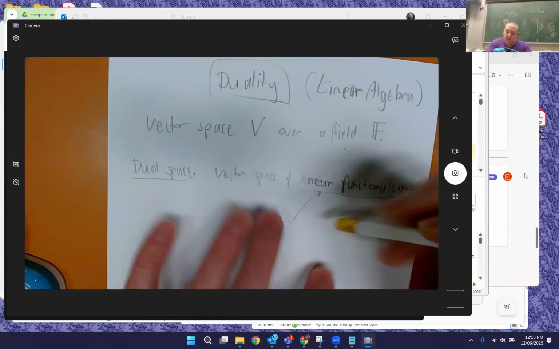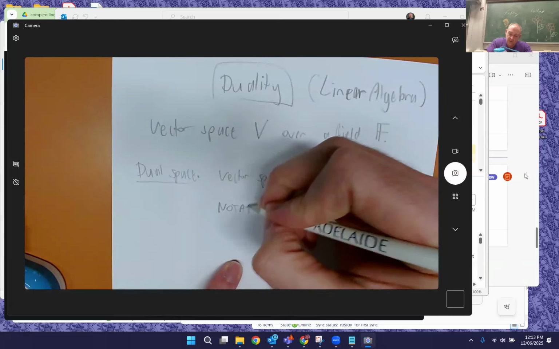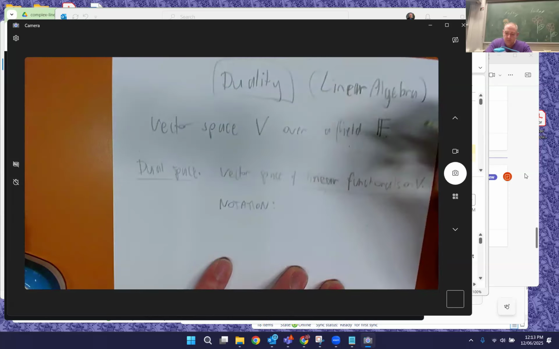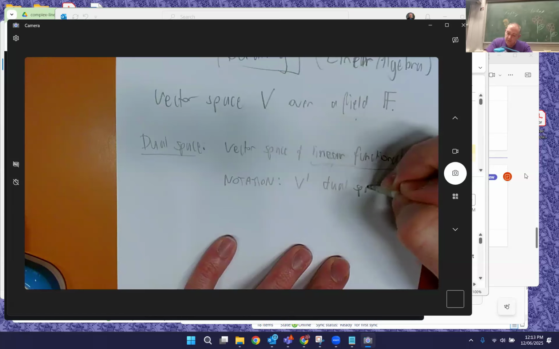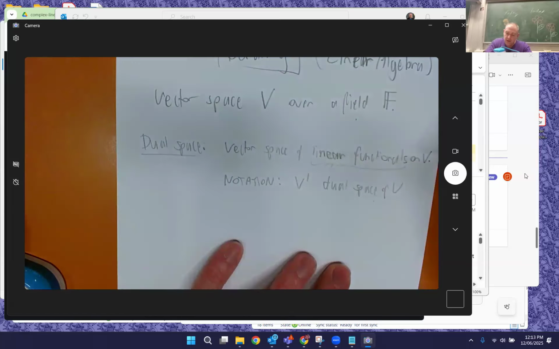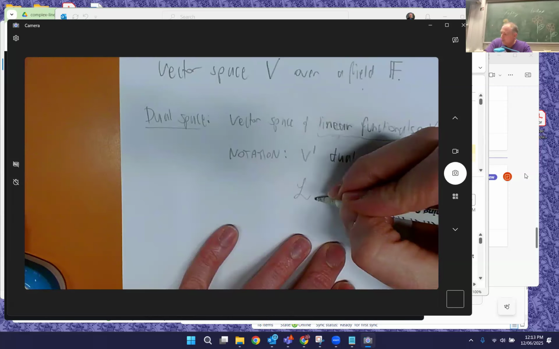So the vector space of linear functionals on V, and there's a notation here. V dash is the dual space of V, and the linear functionals is this.